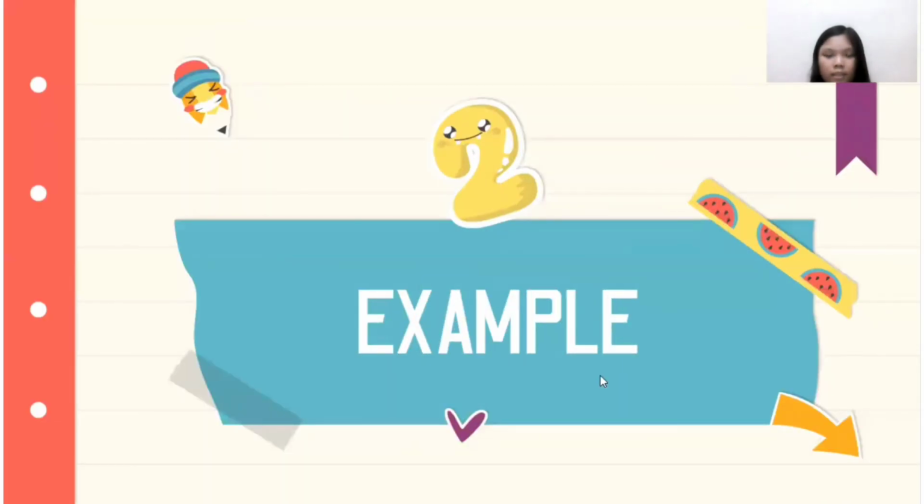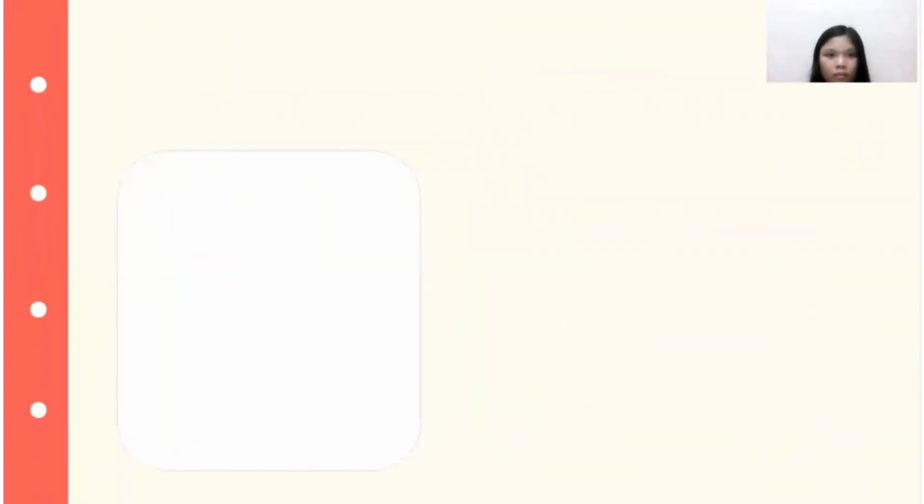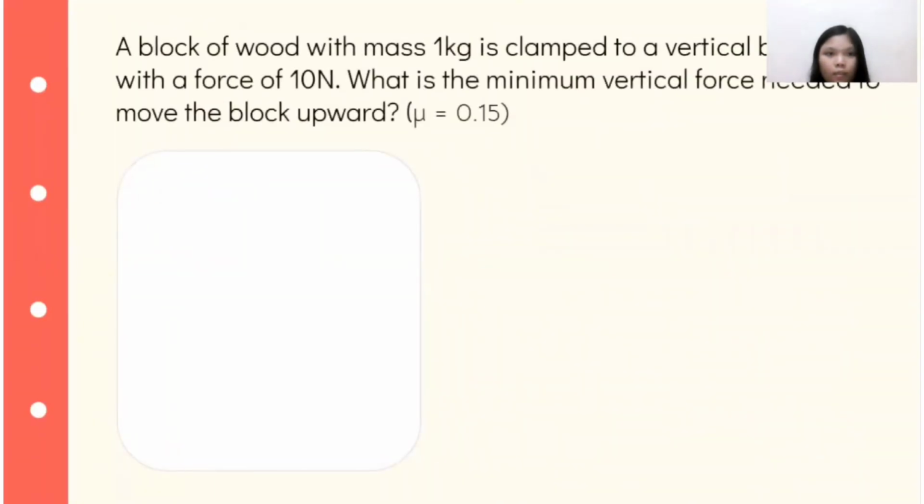Next is the second example. A block of wood with mass 1 kg is clamped to a vertical board with a force of 10 newtons. What is the minimal vertical force needed to move the block upward? And mu is 0.50.